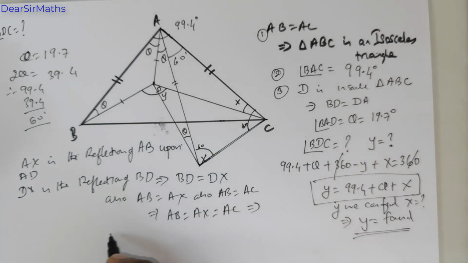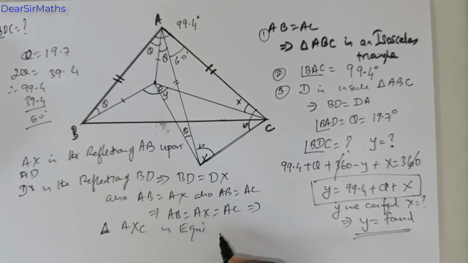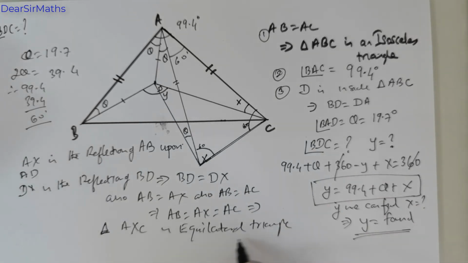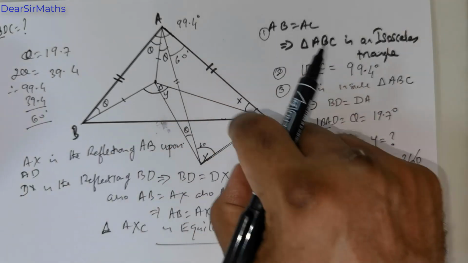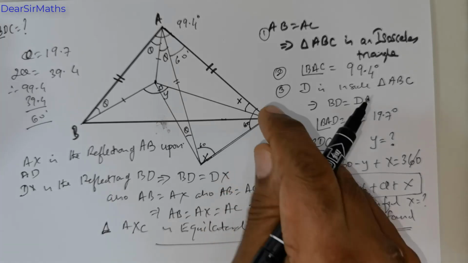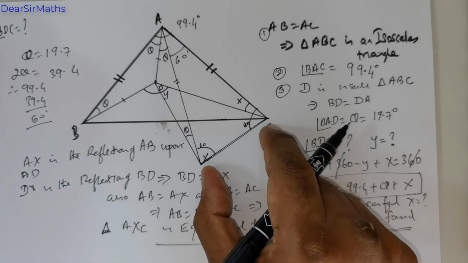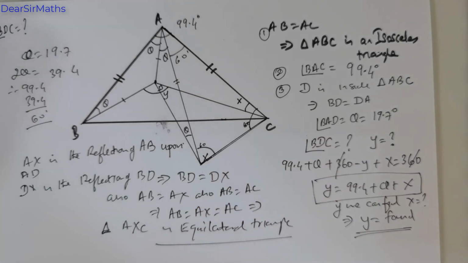So this means triangle AXC is equilateral. Right? So that is an observation. So all these three sides are going to be equal. So we have got this important information.